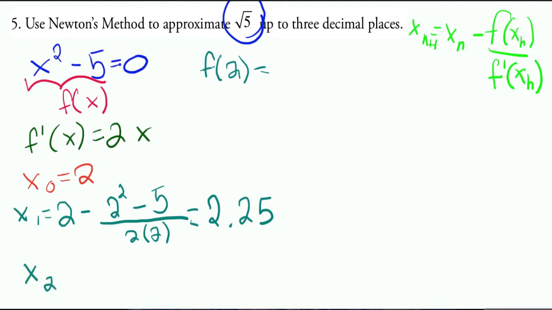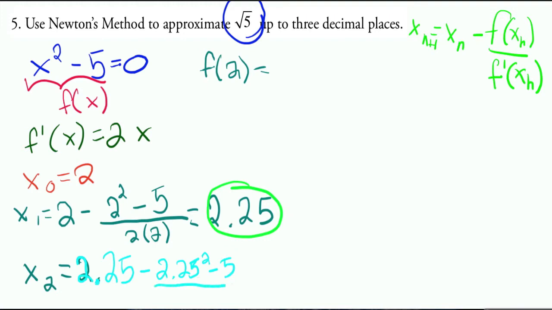And then x sub 2 is, so now I grab this previous one and do the same thing, just plug in that one. So 2.25 minus 2.25 squared minus 5 over 2 times 2.25.